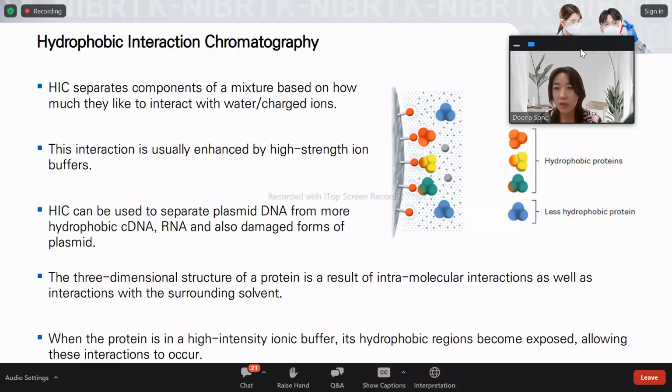As a result, hydrophobic side chains are typically pushed to the interior of the protein to avoid the water. However, when the protein is in a high-ionic-strength buffer, its hydrophobic regions become exposed, which allows this interaction to occur.